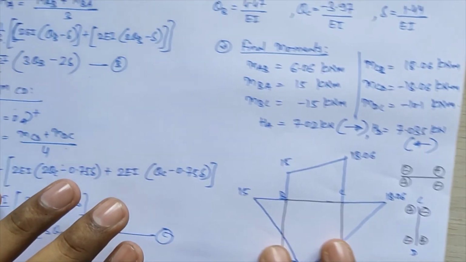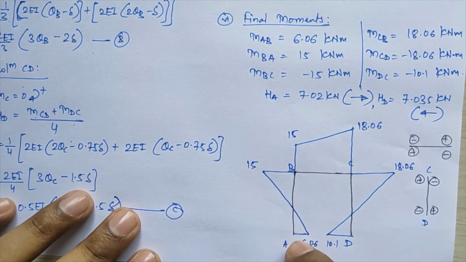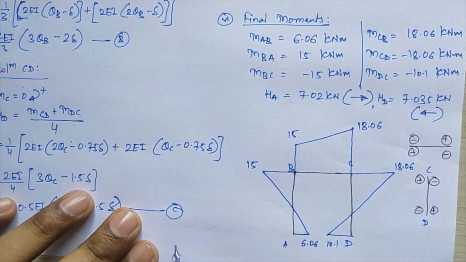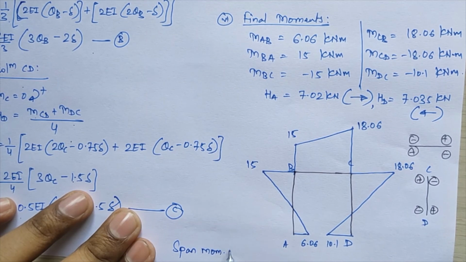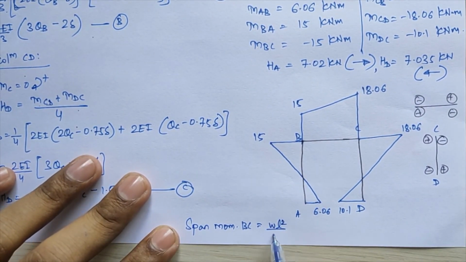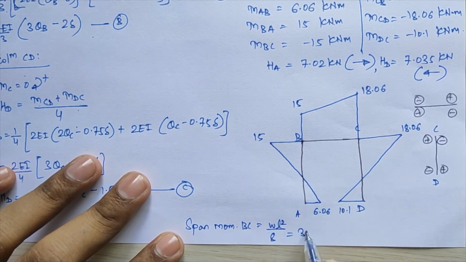Now for the span moment, you do not have any span loading on your columns, so the span moment will be just for member BC. I will calculate the span moment for BC, which is equal to WL square divided by 8, and I am getting that equal to 37.5.